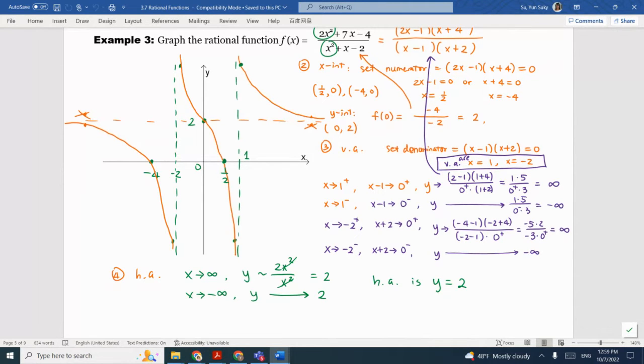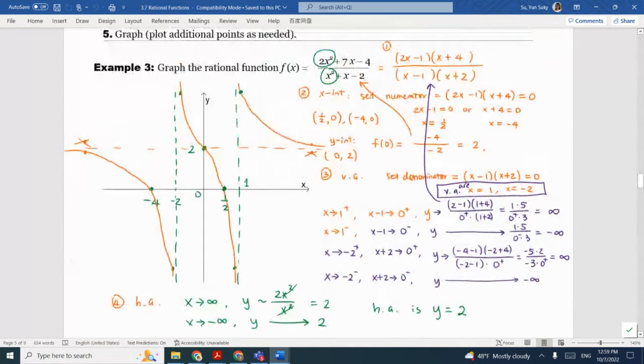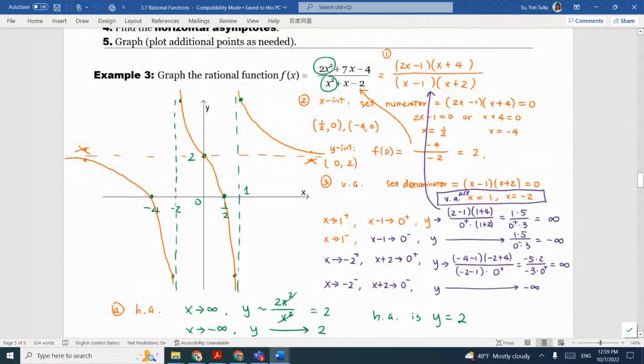Okay, everybody? And finally, based on the information, you can plot the x-intercept. Okay, put the points there, and then you can plot the y-intercept. And based on the vertical asymptote, you can tell whether it's on the left-hand side or right-hand side, up or down.